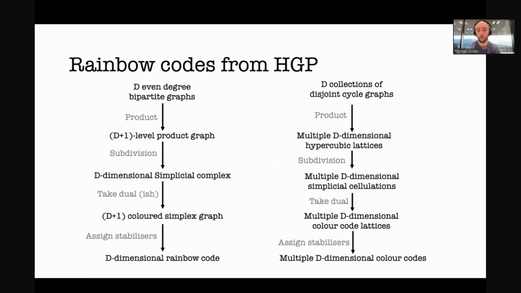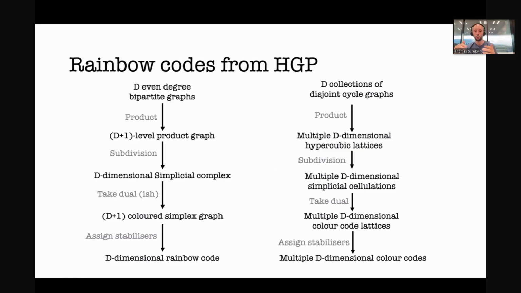But there's a bit more to be seen here, which is going to be useful. So what we want to think about instead is, instead of just D cycle graphs, I have D collections of disjoint cycle graphs. So graph 1 is a bunch of cycle graphs that are all disjoint. Graph 2 is a bunch of disjoint cycle graphs, and so on.